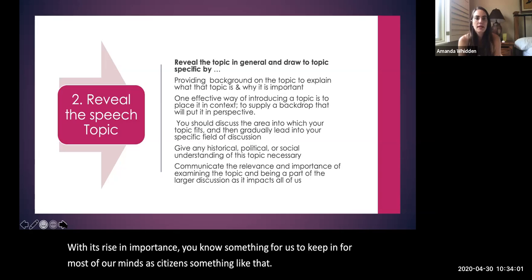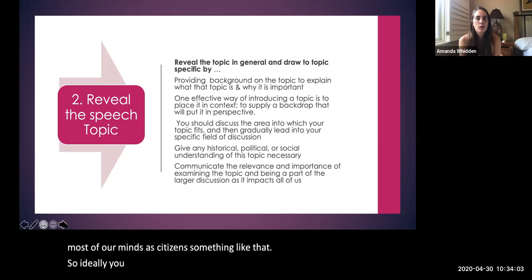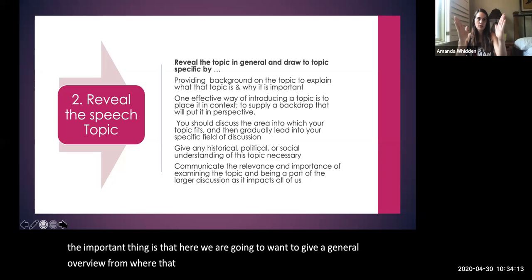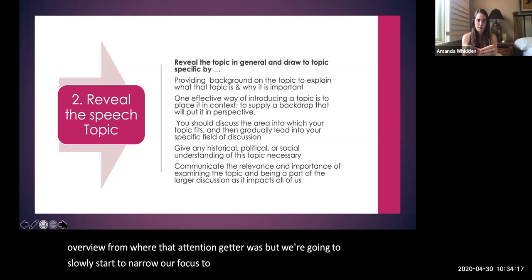So ideally, you should discuss the area in which your topic fits. The important thing is that here we are going to want to give a general overview from where that attention getter was, but we are going to slowly start to narrow our focus to specifically what we are talking about.